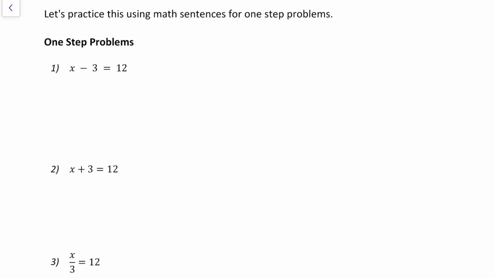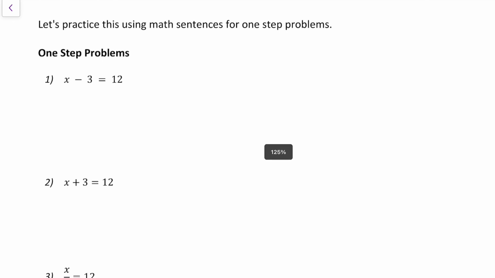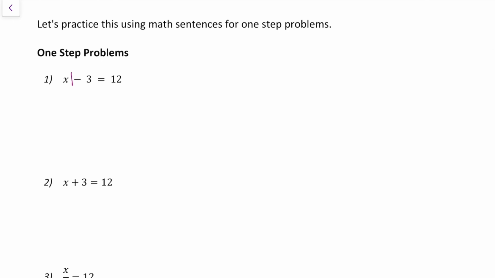If I want to get the x by itself on the scale, I'm going to have to get rid of this take away 3. How do we get rid of a take away 3? We need to add 3. Because we want to keep both sides the same, I'm going to add 3 to both sides, which tells me that x is the same as 15.